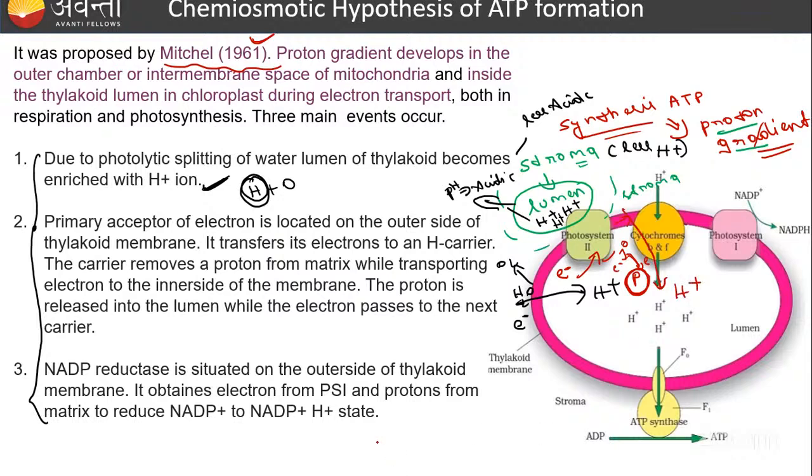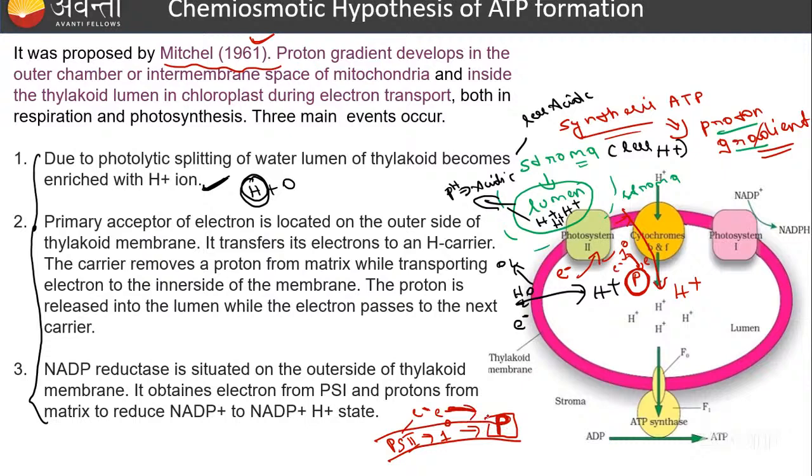For example, you can see here, there is a membrane. Here photosystem 2 is there, and here the primary acceptor is there. After the primary acceptor, a proton acceptor is there. The electrons are transported from the photosystem to the primary acceptor. Now, this primary acceptor will send the electron to the proton acceptor, not to the electron acceptor.